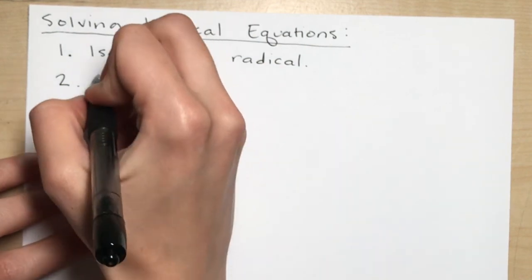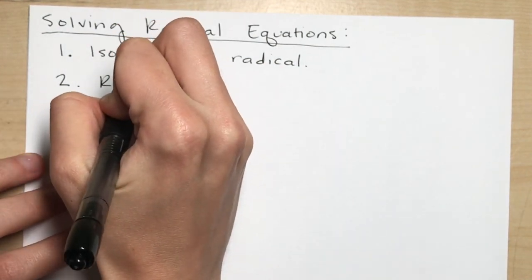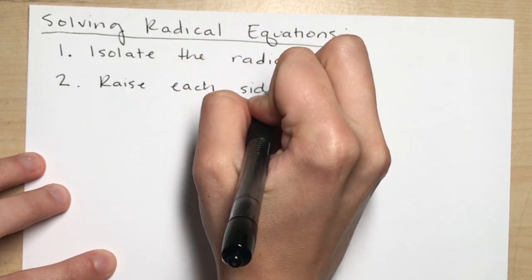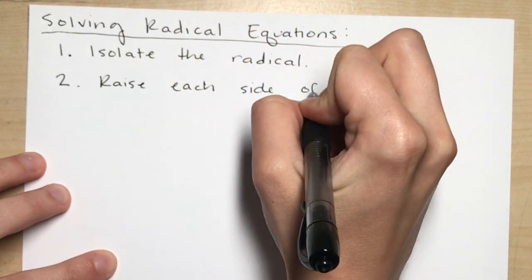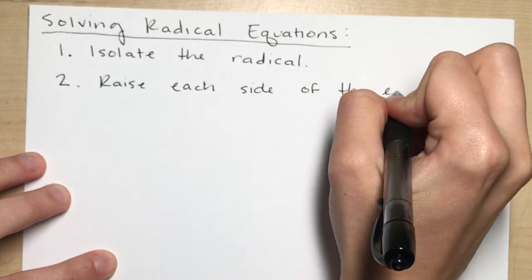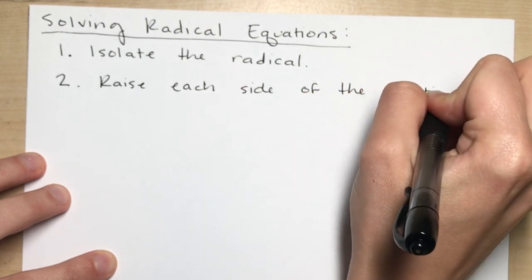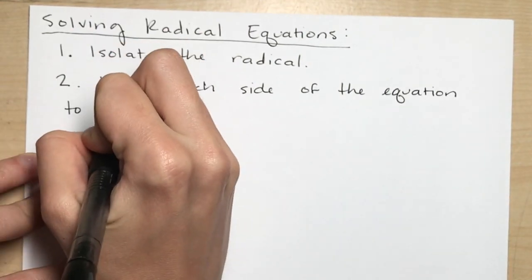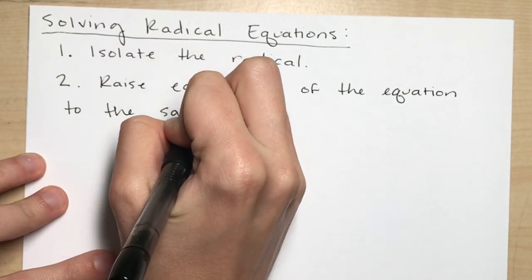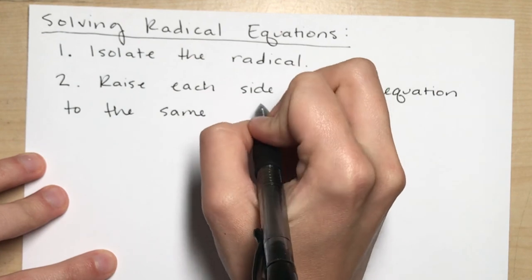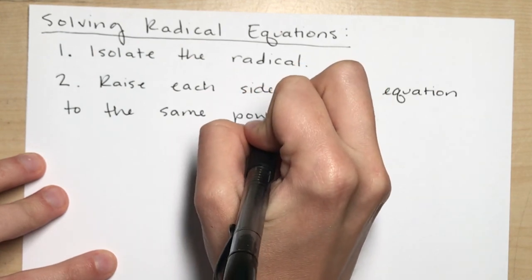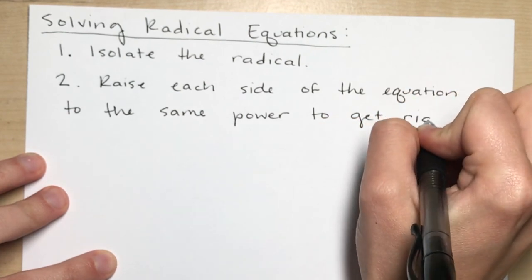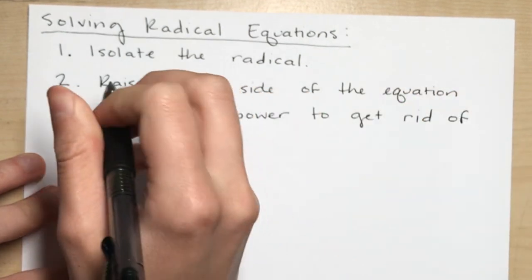Well, you raise each side of the equation to the same power to get rid of the radical.